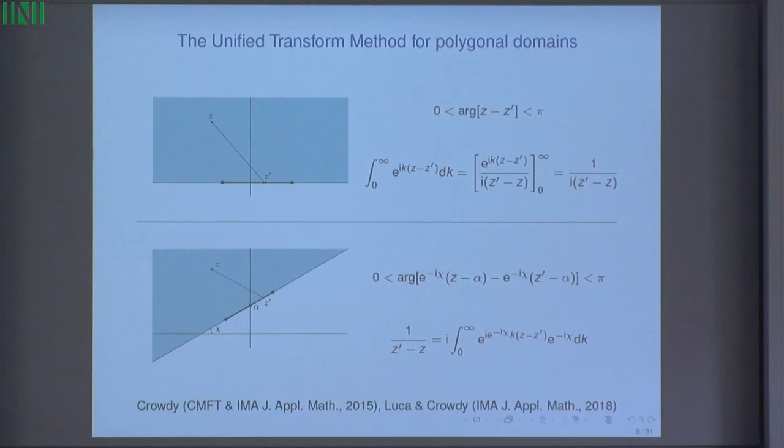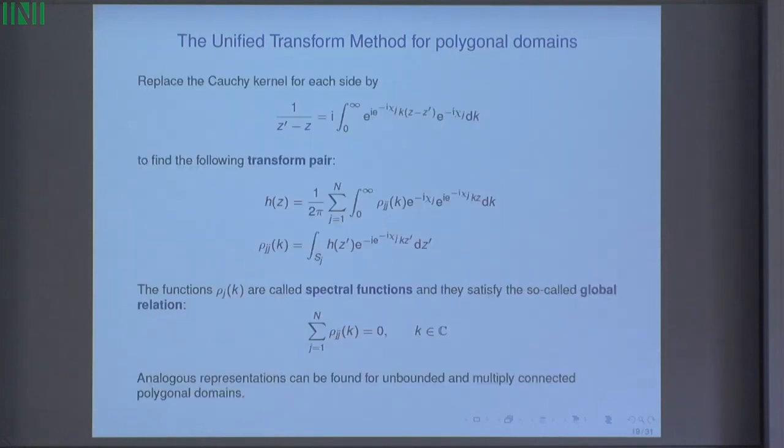So for each side, we are going to replace this expression by an integral. So replace the Cauchy kernel for each side by this, and then chi j is the angle that each side makes with the real axis. And if we do that, then we find the following transform pair.